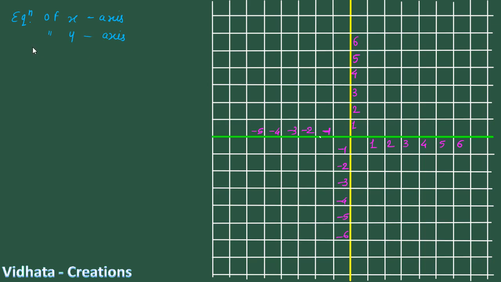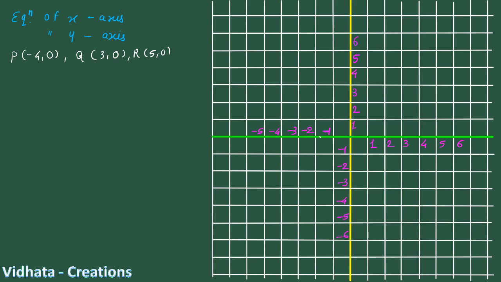If I ask you to draw these points on the graph, for example, suppose I have point P (-4, 0), okay, one point. Another point Q, suppose we have (3, 0). One more point, say point R (5, 0).